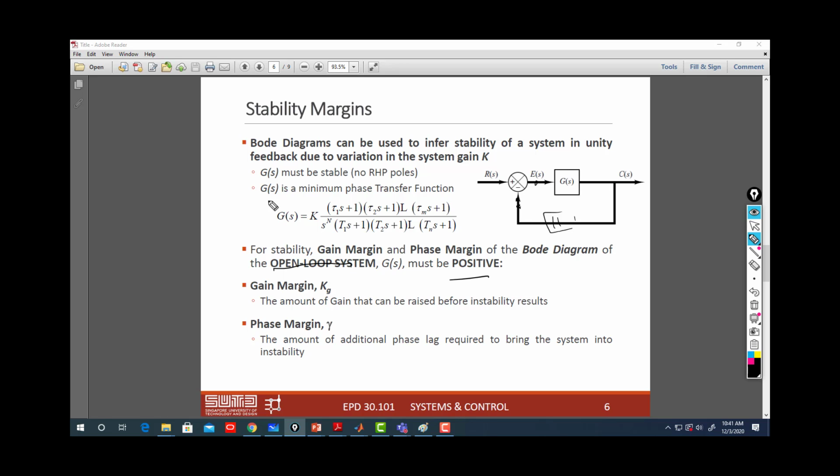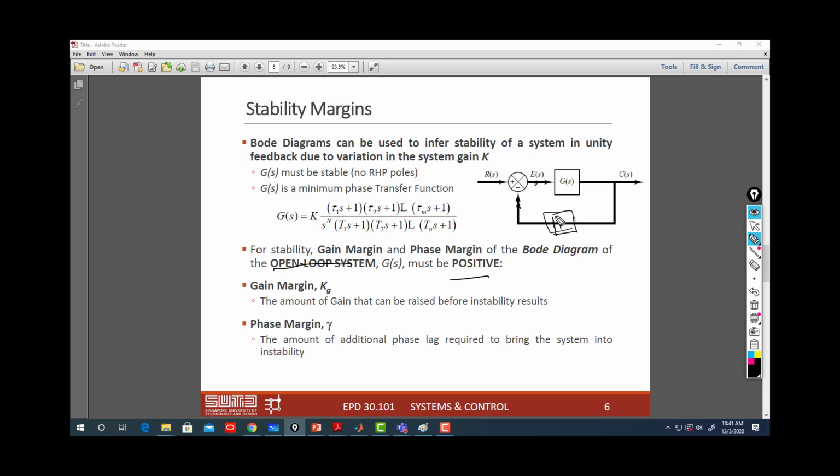Okay, two tricks I want to tell. The Bode diagram can be used to infer stability for a system in unity feedback. Then I just was saying, okay, I want to give you H here. If H is there, it's not unity feedback.